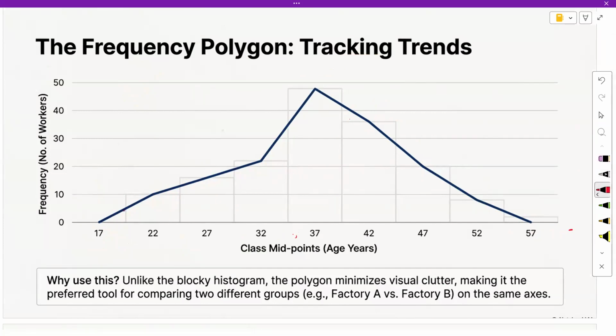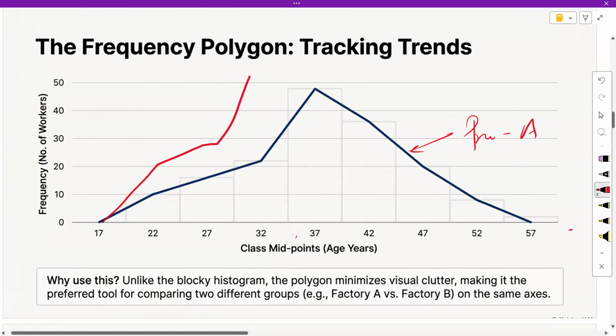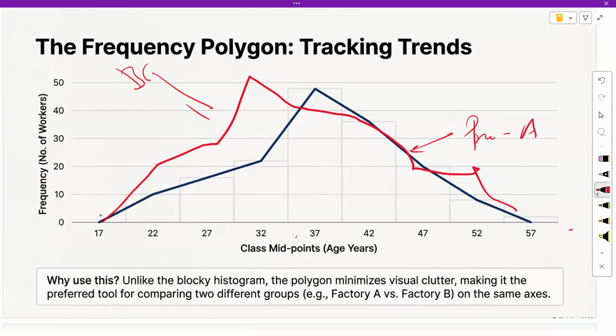So when we draw the line, maybe this line represents product A, and we can draw another line like this. Sometimes it may be like this, this is product B, and we can draw one more like this.